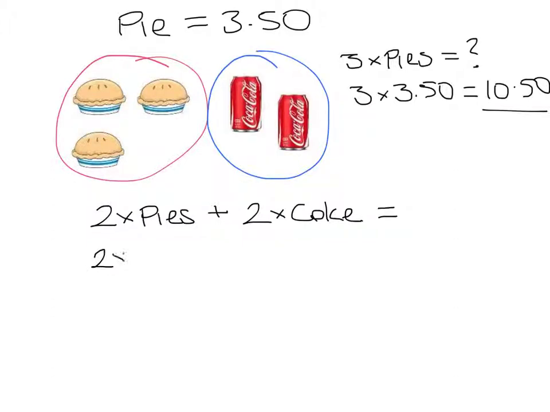Well, 3 by 350, so we substitute the values for the pies, plus 2 by Coke, which of course is going to be $2.20. What's the answer?